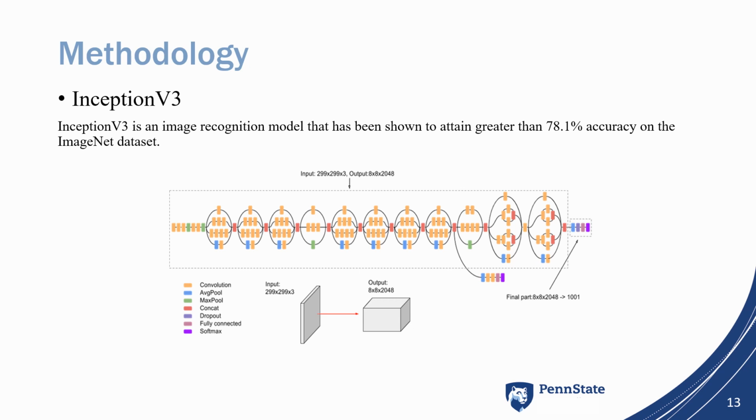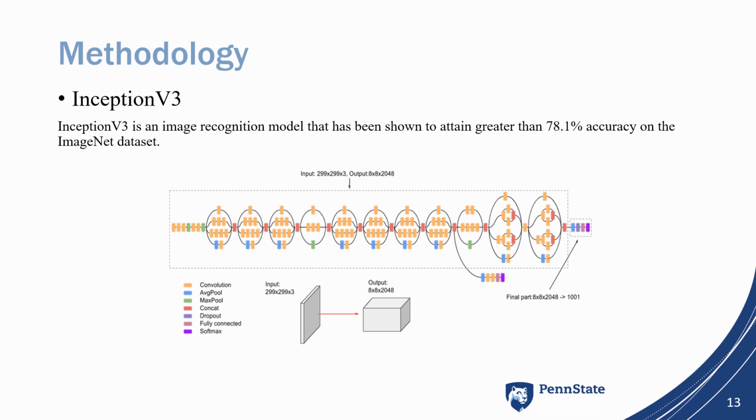Next, the model that we use is Inception V3. Inception V3 is an image recognition model that has been shown to attain greater than 78.1% accuracy on the ImageNet dataset. The model is the culmination of many ideas developed by multiple researchers over the years.